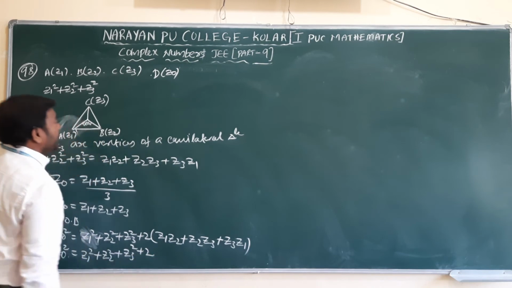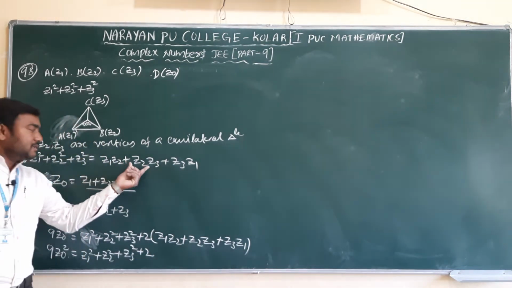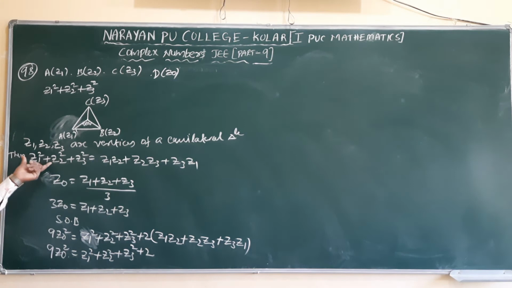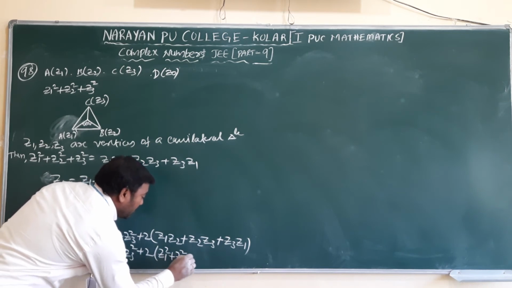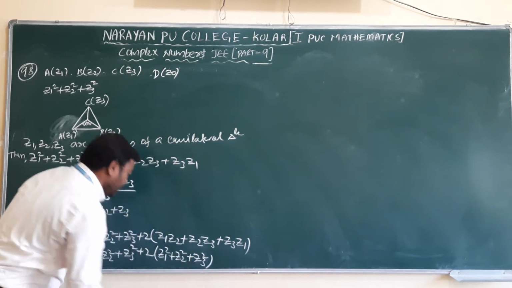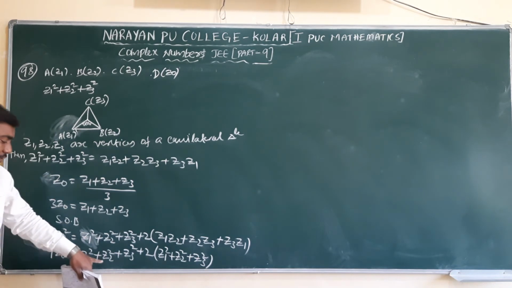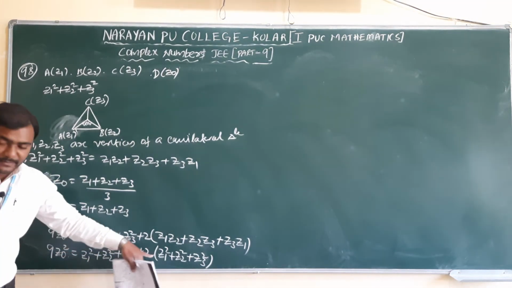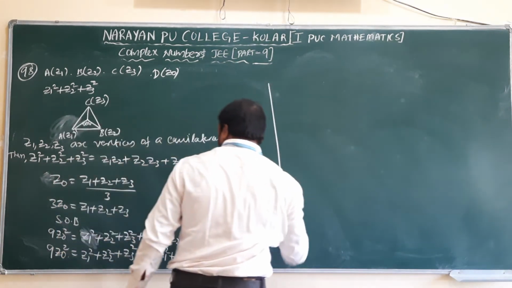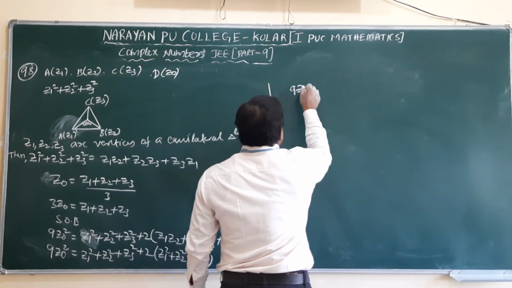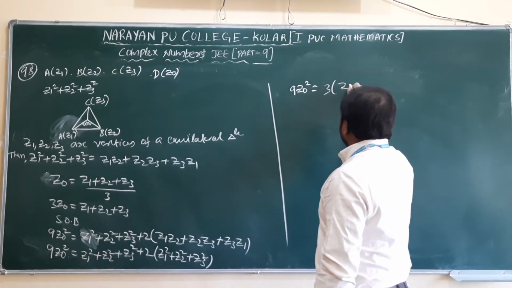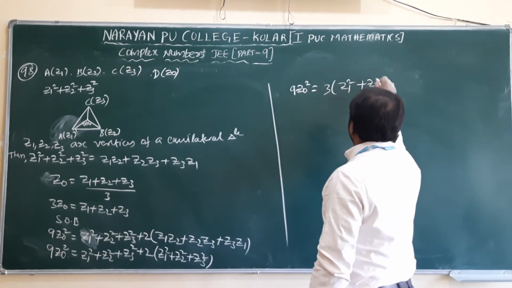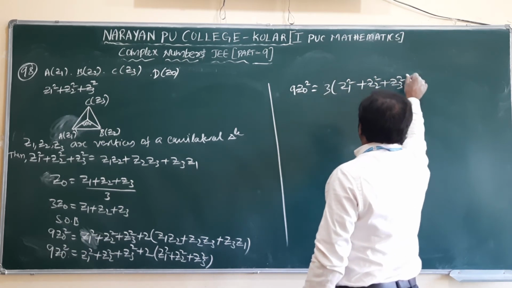So 9 Z0 square is equal to 3 into (Z1 square plus Z2 square plus Z3 square).